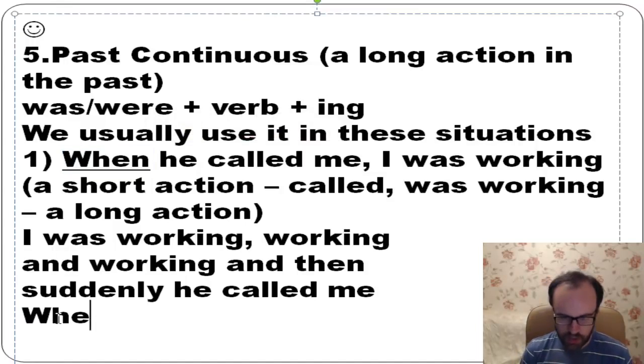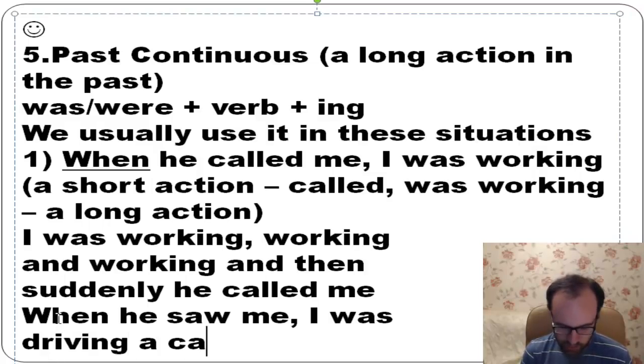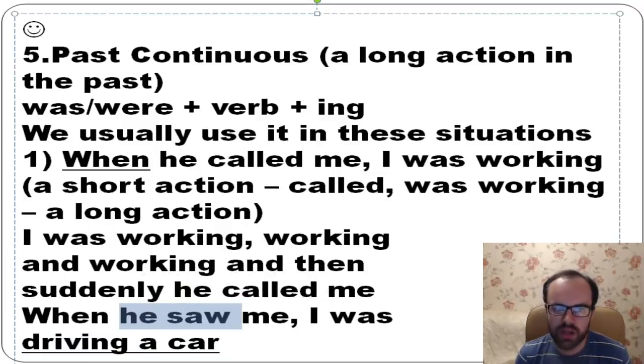Next, when he saw me, I was driving a car. So driving a car is a long action. So I was driving a car, and then suddenly he saw me. It's a short action.